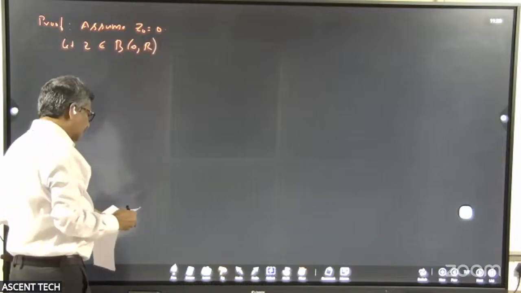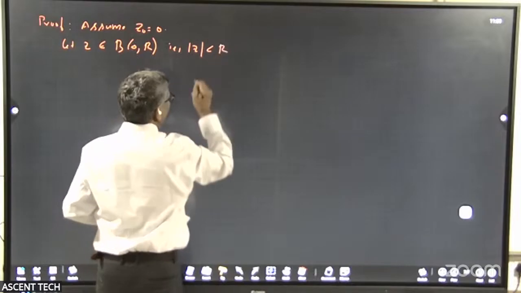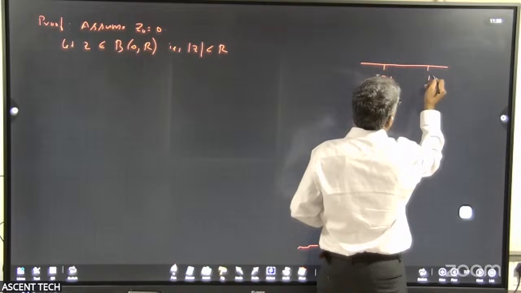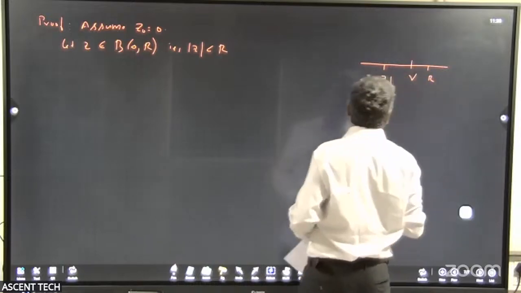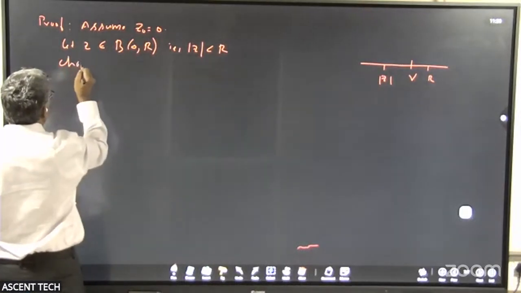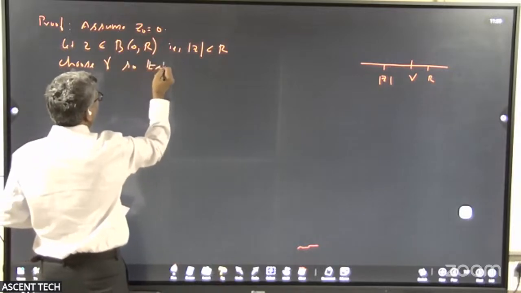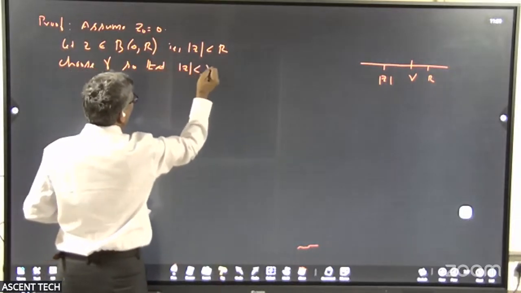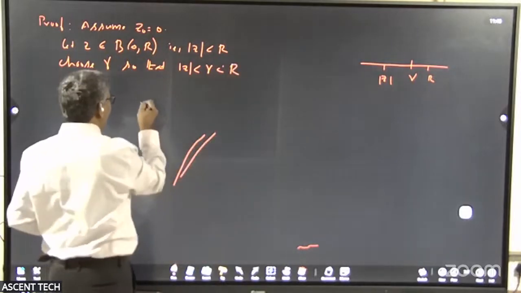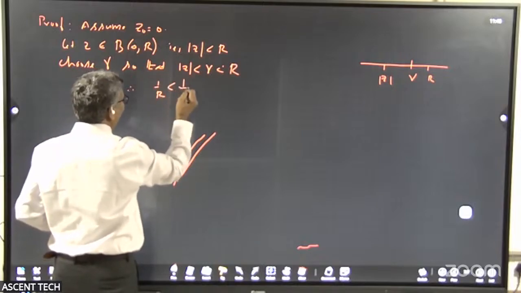So |z| is less than R. I can actually squeeze in some number between: choose small r so that |z| is less than r less than capital R. Therefore, 1/R is less than 1/r.